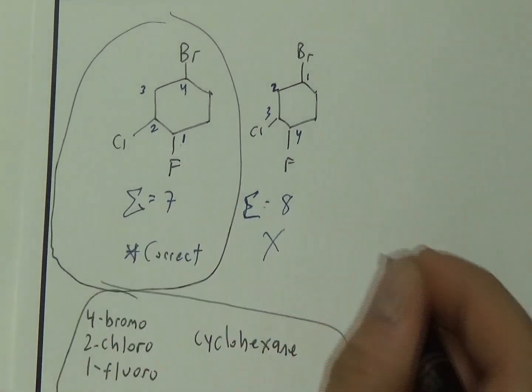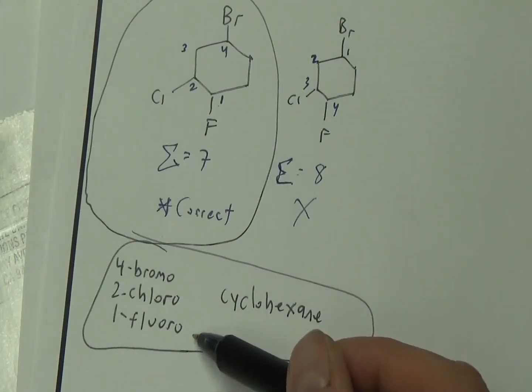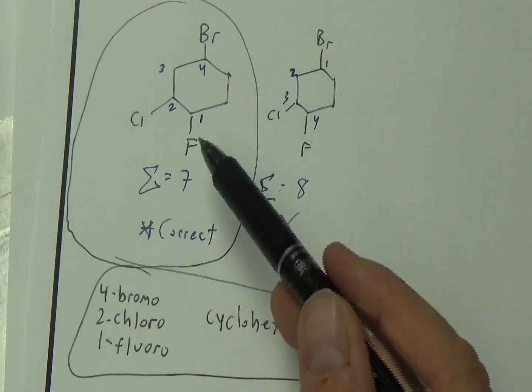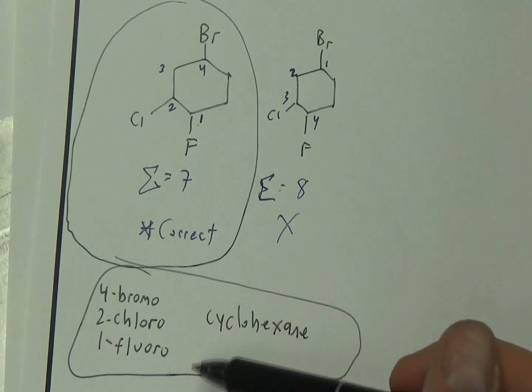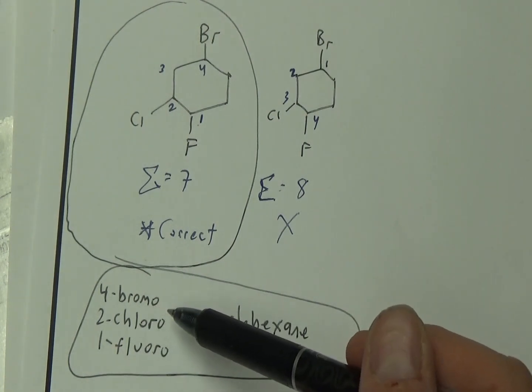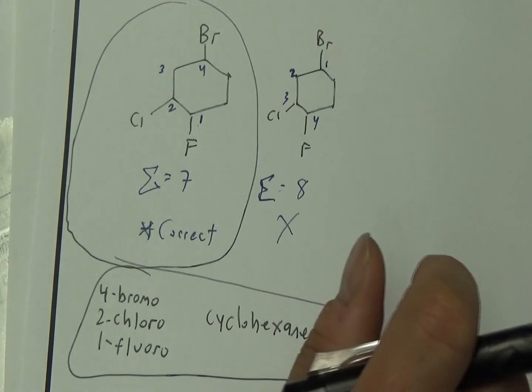Alright? So that's the end name. 4-bromo, 2-chloro, 1-fluoro. So even though we numbered from the fluorine upward for the lowest possible numbering system, we always list the substituents in alphabetical order using our crazy alphabetization rules that we learned earlier, right? BCF here. Okay.